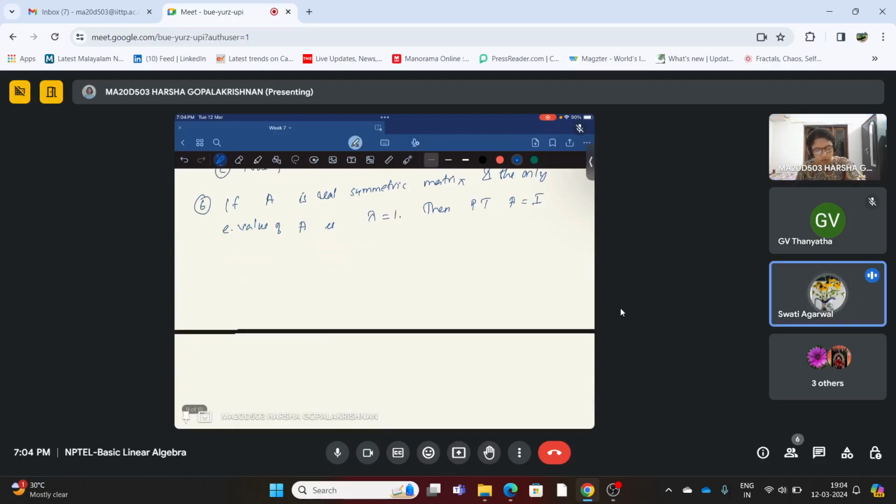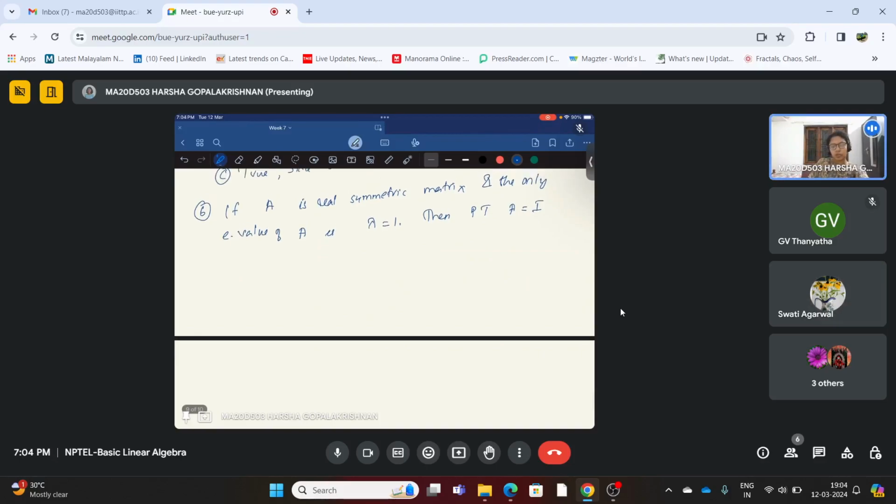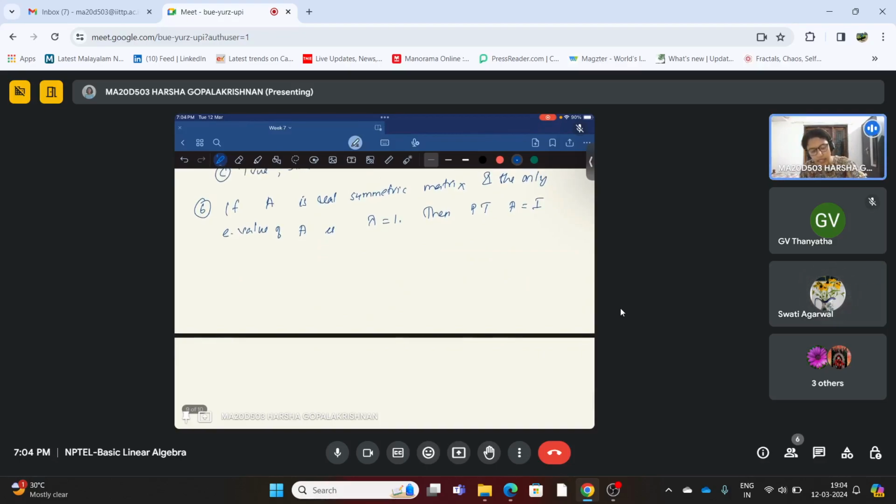So why have I asked you to use the spectral theorem? Because it is given that A is a real symmetric matrix. What does the first statement of the spectral theorem say?